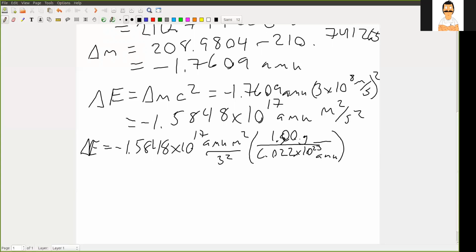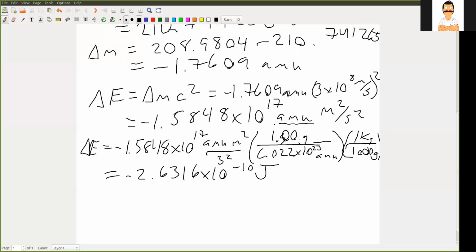That's Avogadro's number. And we can also convert from, for every 1 kilogram, we have 1,000 grams. So that'll put it into standard international units, where AMU is replaced with kilogram, and we end up with kilogram meters squared per second squared, which is just the definition of 1 joule. So we end up with negative 2.6316 times 10 to the minus 10 joules.